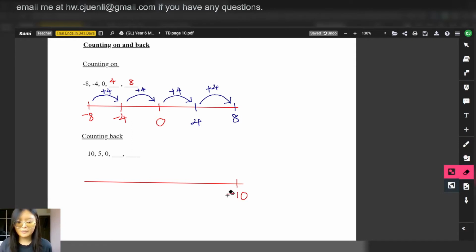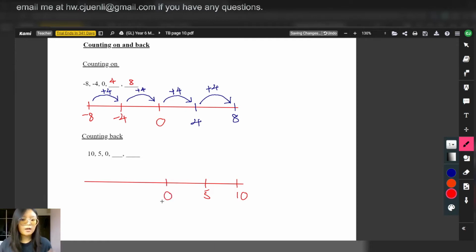Sorry, not negative 10, but 10. And then goes on, we have 5. As you notice, you see 8, 4, 10, 5. So all the positive numbers are at the other side. Now we have 0. Now, since we're counting back, we have to draw the arrows to the other side.